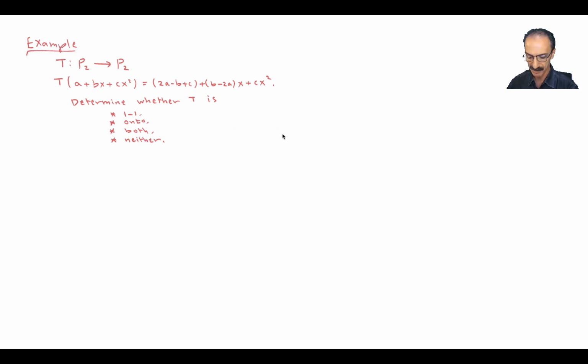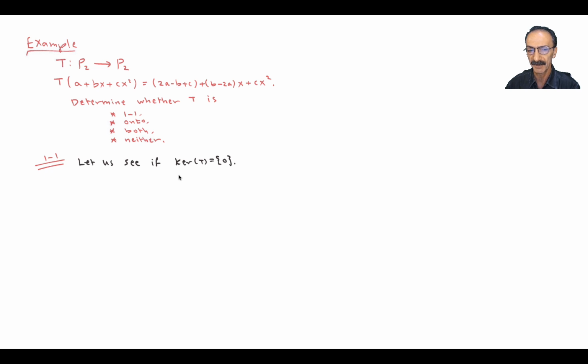We're going to discuss one-to-one in detail, then we'll move on to onto. One-to-one. One way to see it is if the kernel of T is 0. If the kernel of T is 0, we're done. It's one-to-one. If the kernel of T is not 0, it's not one-to-one, according to the theorem that was mentioned a while ago.